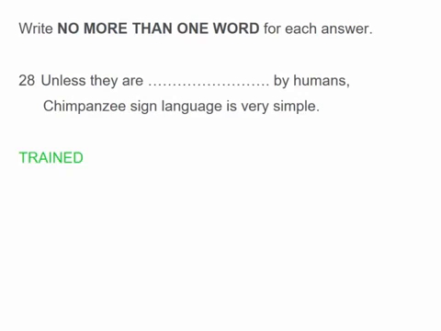Okay. The point the professor is making is that chimpanzee sign language, even though they do it in the wild, even though they use sign language in the wild, is very simple. And those examples she gives are examples of how simple it is. And then she says, unless they're trained by humans to use more complicated signs, their language will remain quite simple compared to human language.